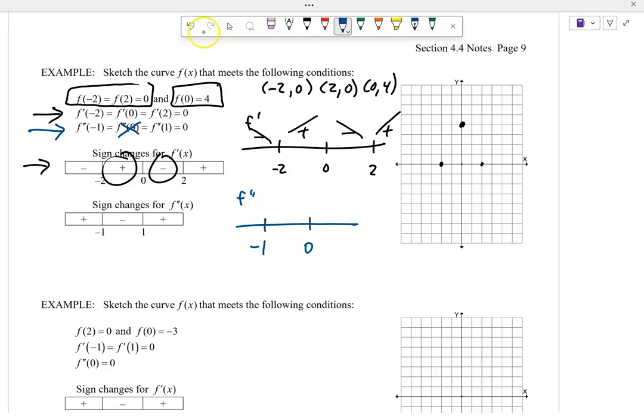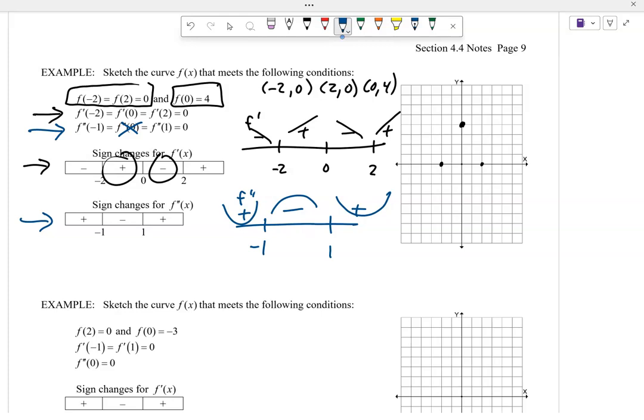Sorry about that. F double prime of 1 is 0, and then you see the table down below for the f double prime test. So it's going to be concave up to -1, and then it shows that it's concave down, and then it shows it's concave up. So let's see if we can't put this all together.